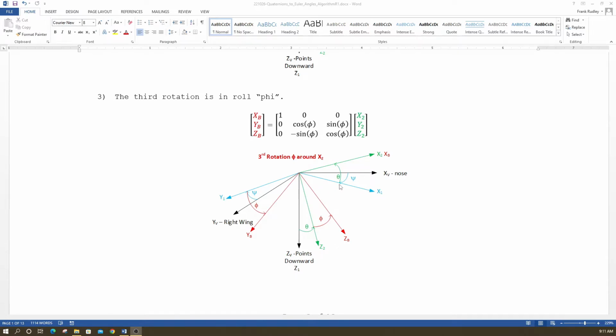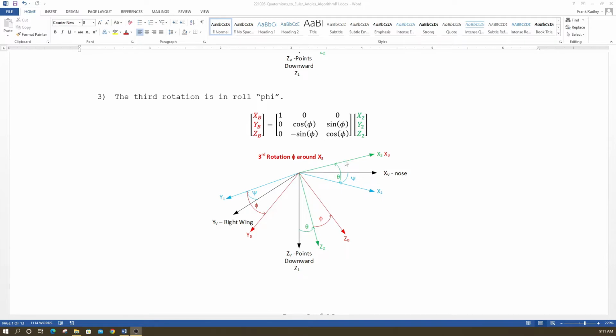Then we do our second rotation at theta, which is around the y1 axis, and we got x2 and z2. So now the next rotation is going to be around the x2 axis, and it's a rotation of phi, which is the roll angle. So that's going around this x2 axis.